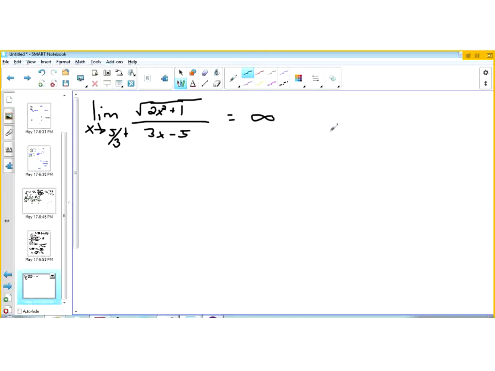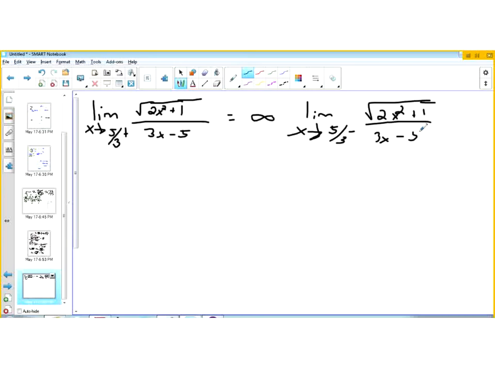Now conversely, if we let the limit as x approaches 5/3 from the left, that is from numbers less than 5/3, well, again, the numerator will be non-zero in the limit, but the denominator will approach 0 from numbers less than 0.